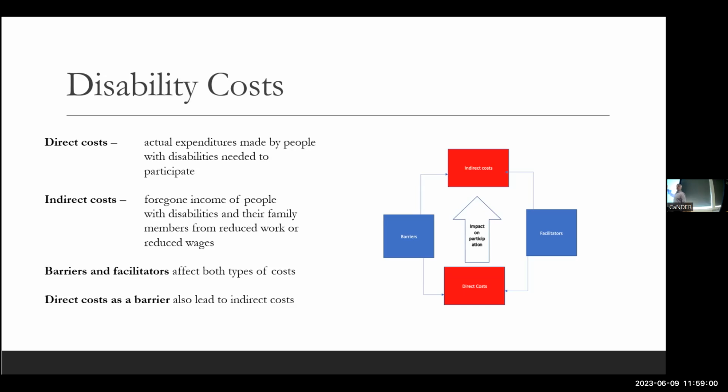So the two things are very much related, but sometimes the policies to address one are different than the policies to address the other. Most of the time, the social protection policies are really focusing on the direct costs. We're trying to decrease or subsidize those costs in a way that allows people to participate, which will then decrease the indirect costs they face, which is really the outcomes we're interested in, right? Income and consumption and things like that.